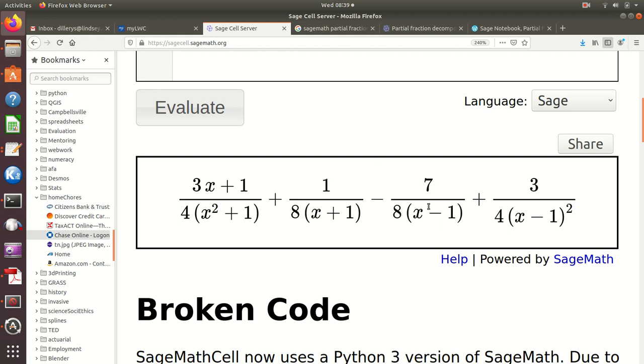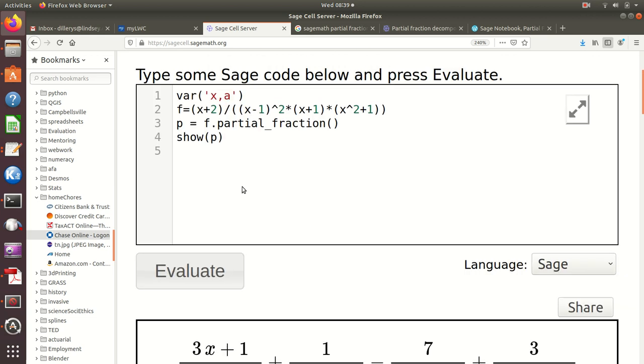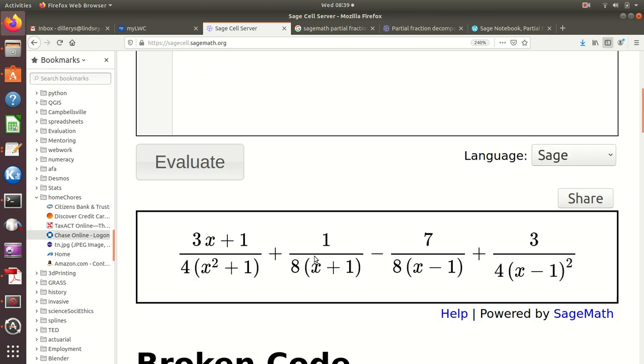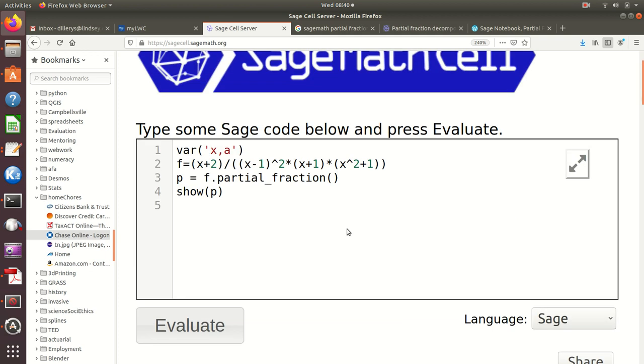And so an answer doesn't have to use both the x minus 1 and the x minus 1 squared, but this one did. Okay, and so that just shows you might need both terms to do that decomposition. So that's partial fraction decomposition within SAGE.